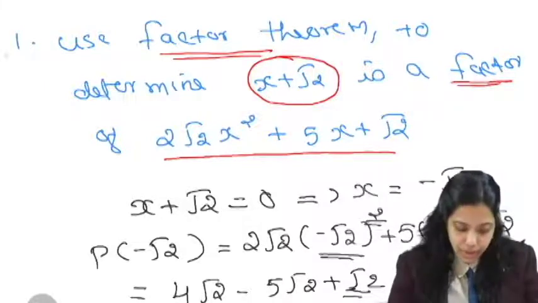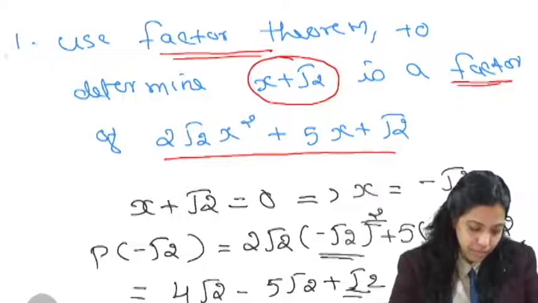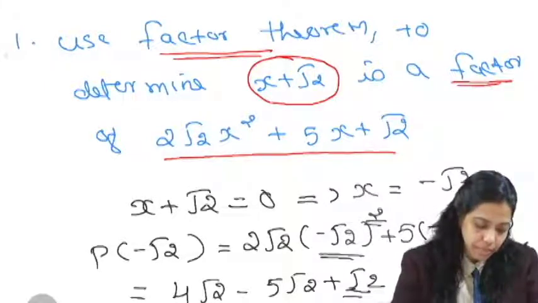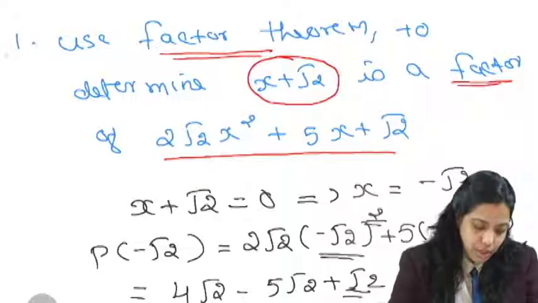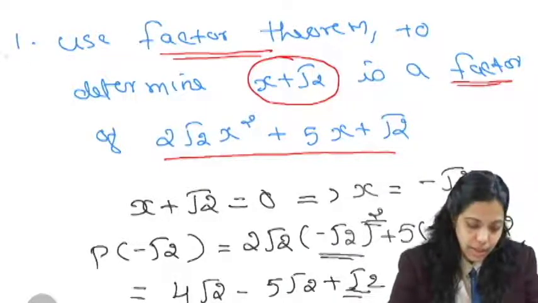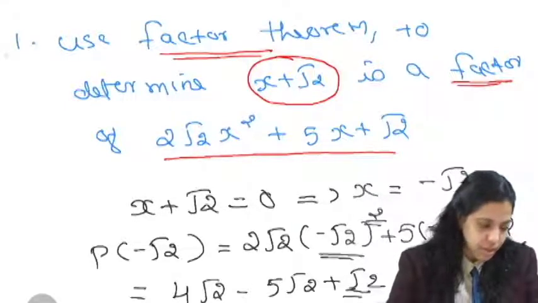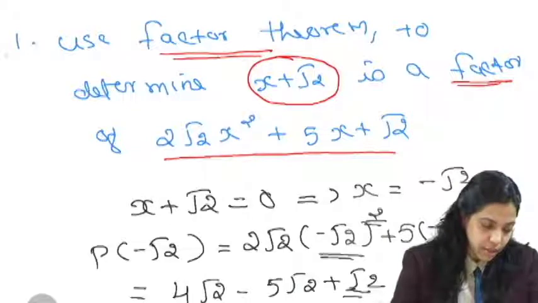Let's move on to the problem in order to understand the concept more clearly. The first question, number 1. Use factor theorem to determine whether x plus root 2 is a factor of 2 root 2 x square plus 5x plus root 2.